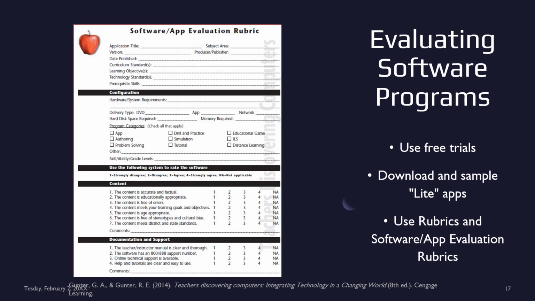You will fill in the content that you are using and also provide the documentation and support needed in order to complete this rubric. You will use this rubric when you use free trials, download and sample lite apps, and use rubrics and software app evaluation rubrics.